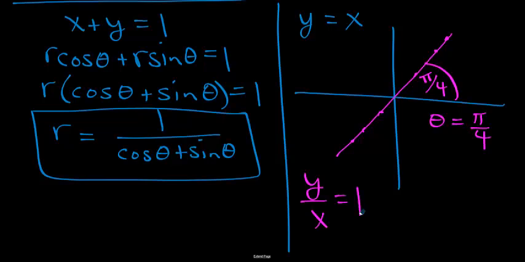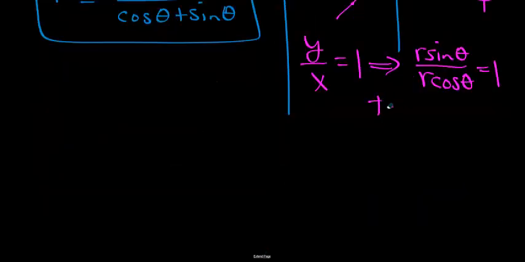Now remember, y is r sine theta, and x is r cosine theta, equals 1. And that means tangent theta equals 1. Now there, that's the polar form of that y equals x. But another way to say that is theta equals pi over 4, right? So we could say that.